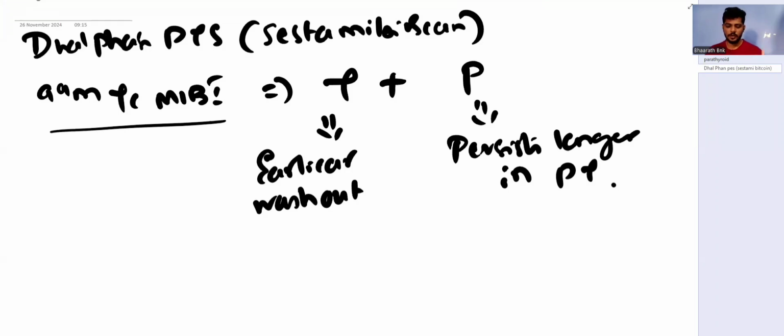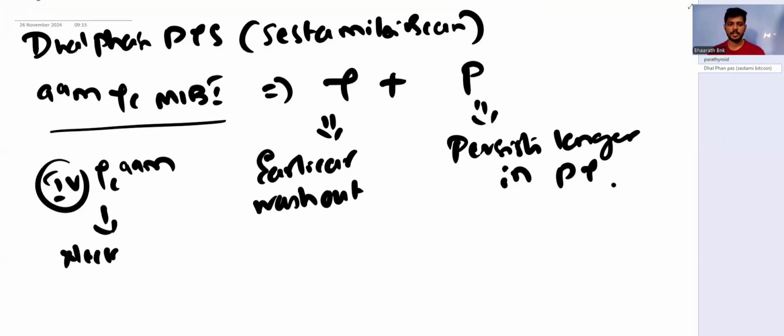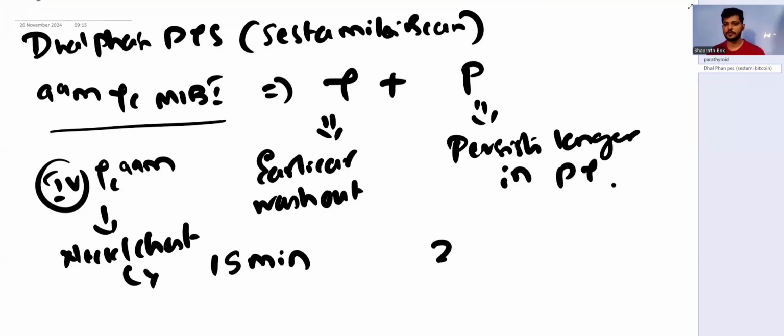So if you can sequence your imaging in two phases, then you will get a scan of the parathyroid in the second phase. That is why it is called dual phase parathyroid scintigraphy or a sestamibi scan. Here the IV injection of technetium 99m is given, and then neck and chest images are taken. This is taken first at 15 minutes and then at 2 hours.